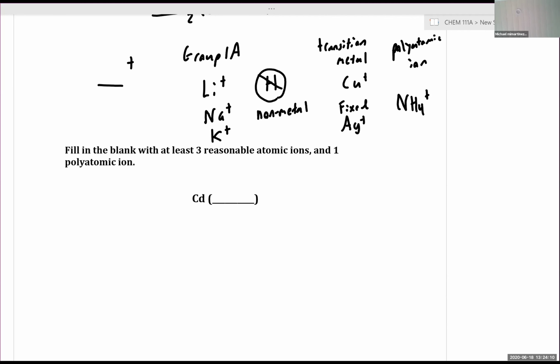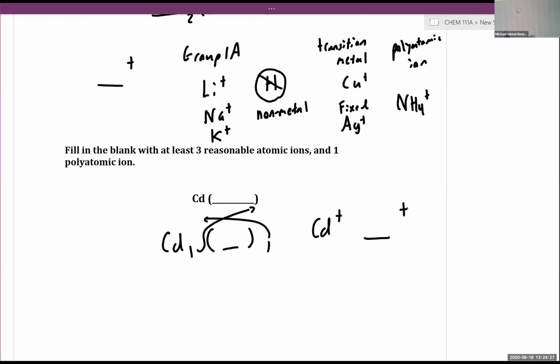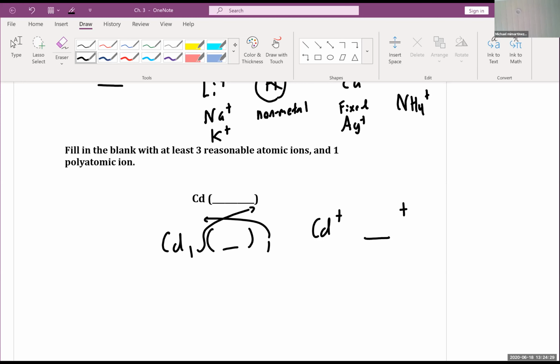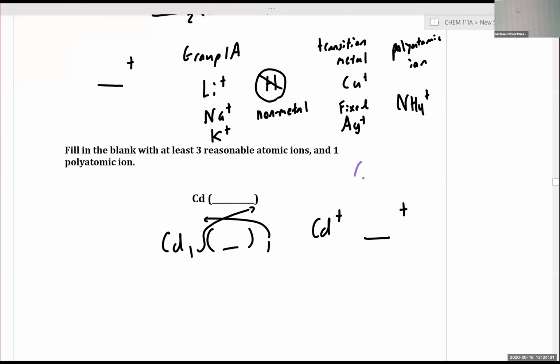Okay, so let's discuss this next example. So first and foremost, we write out the subscripts and we cross our charges. So that gives us cadmium plus and blank minus. Now, if we think about the charge of cadmium, if we recall, the charge of cadmium is what?